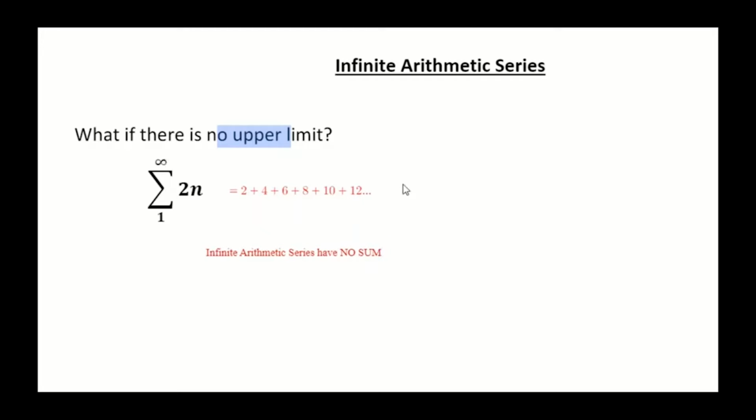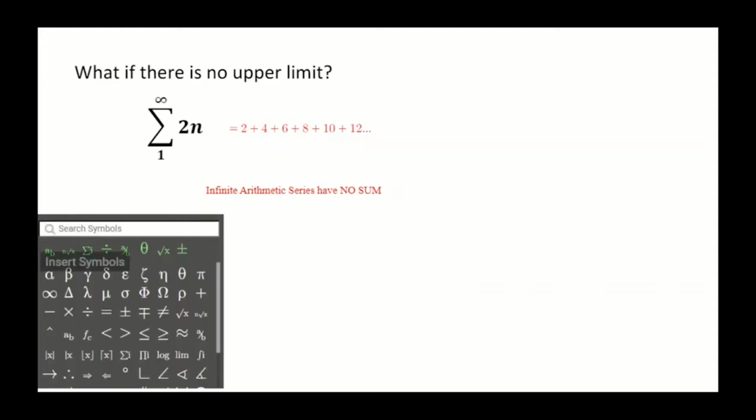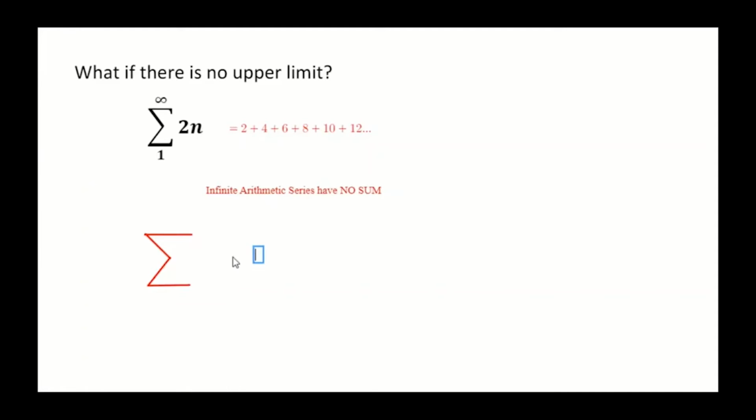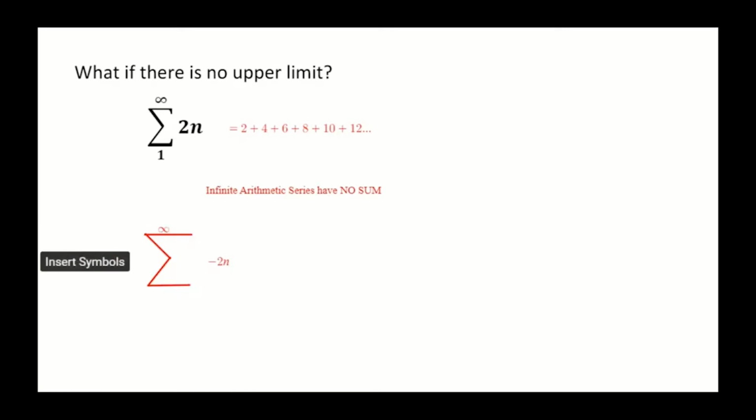Now later on we might talk about whether we should distinguish something like this from something like this. I'm just going to handwrite this real quick, let's make it red, just for speed's sake. Okay, so let's say we had the sum from 1 to infinity, but of negative 2n, right? So in other words, we want to find an infinite sum of progressively more and more negative numbers.